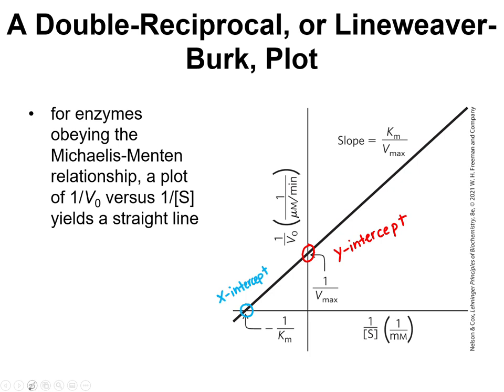And the slope of this line is Km over Vmax. So those are the 3 things that you'll need to remember: the y-intercept, the x-intercept, and the slope. All of these things will be helpful when we're doing some further analysis in part 2 of this lecture.